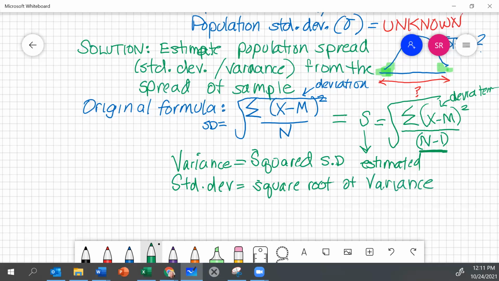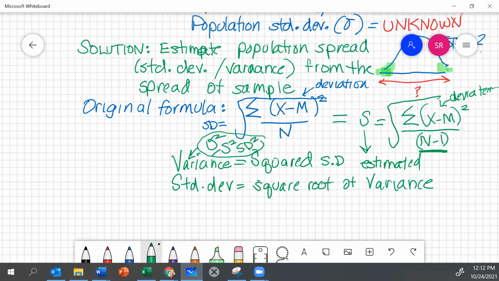In fact, sometimes we even write them, this variance in your book is often just written as S squared or SD squared or sigma squared. So all of these symbols are just another way of saying variance. They're synonyms. They mean exactly the same thing as variance.